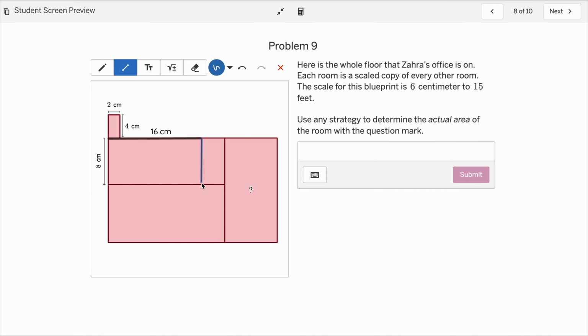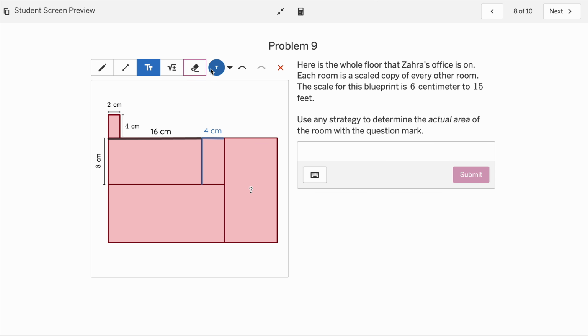We know that this is 8 centimeters because it's a rectangle and it has to match this. So we know that's 8 centimeters, and 2 times 4 is 8. 2 times 2 is 4. So this part right here is going to be 4 centimeters. Okay, so now we have 16 centimeters here, 4 centimeters here.